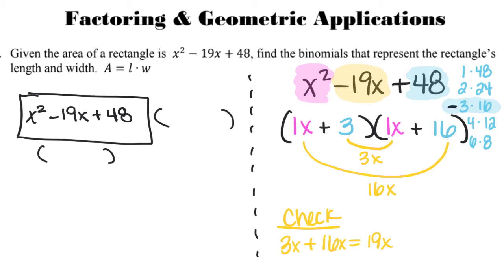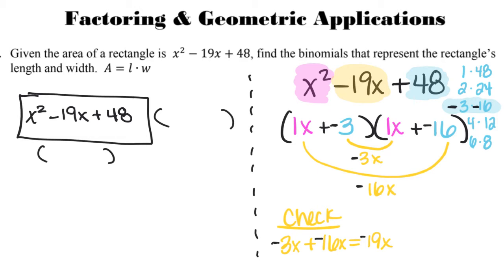So when I talk about 3 times 16 multiplying to 48, we also know that negative 3 times negative 16 will multiply to 48. And then that will give me the two negative products on the inside and outside. And then when I combine like terms, that's going to give me that negative 19x that we want.